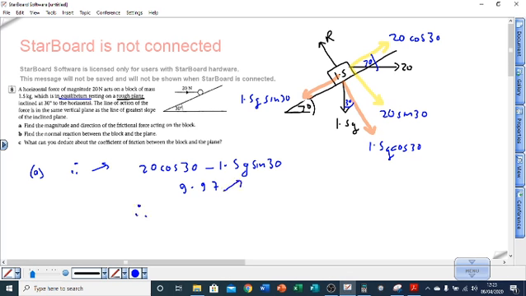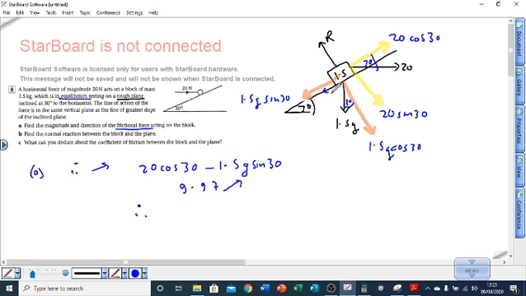Therefore, find the magnitude and direction of the frictional force acting on the block. It must be acting downwards, to stop that, because if that was smooth, then it'd be accelerating up there.